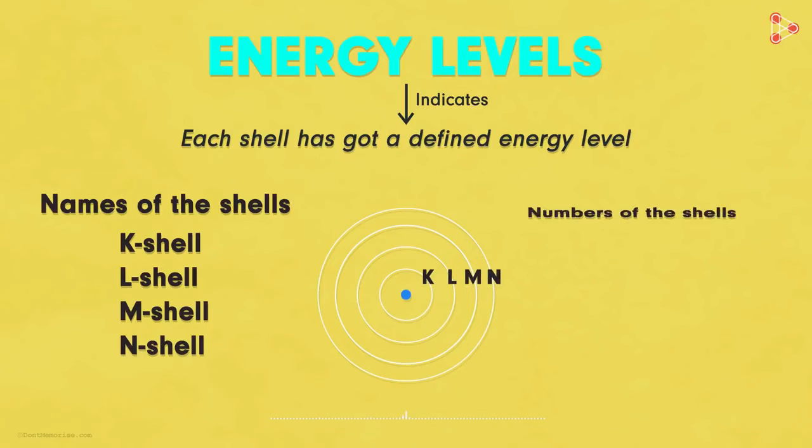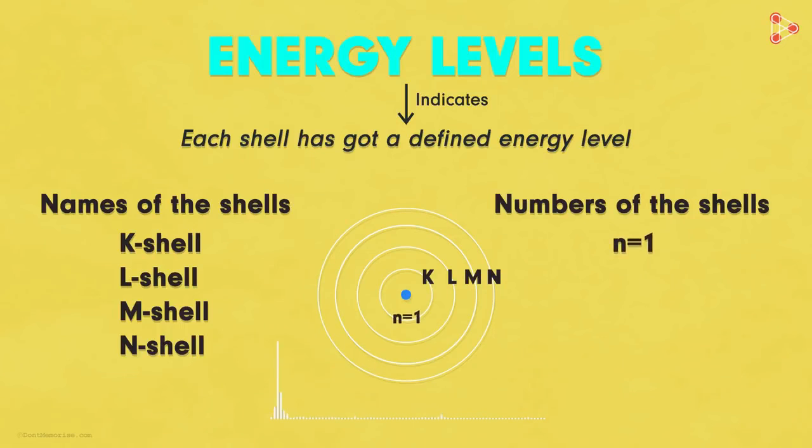And what if we want to number them? In that case, we use the letter n in lowercase and write them as n equals 1, n equals 2, n equals 3, and so on, beginning from the one next to the nucleus. So we can name them alphabetically or we can even number them.